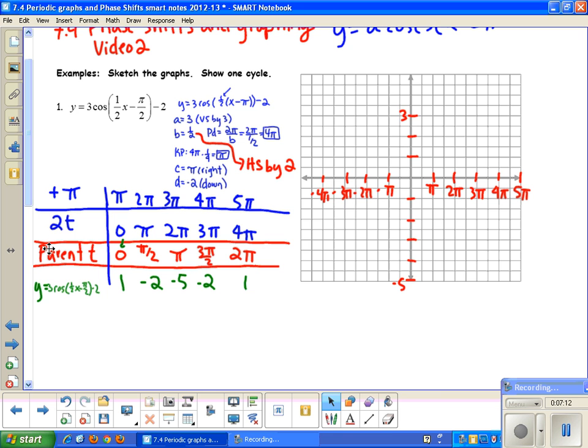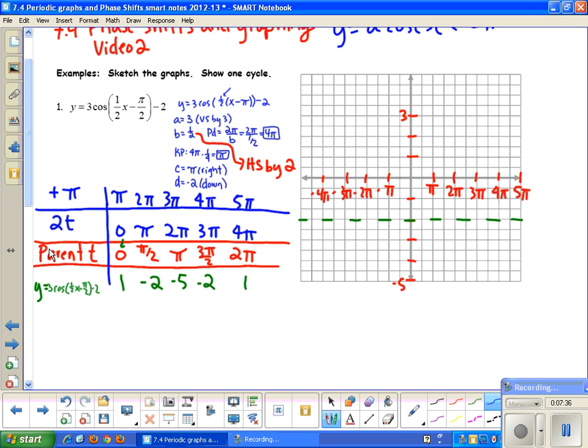Okay, so now I'm going to put my graph in. So for my graph, I know that I moved it down. We already changed our horizontal values by doing the new period with the key points. So then I'm moving my graph down too, so that means my new x-axis would be right here. Now that I've moved it down, I know that for this graph, we are doing a cosine graph.